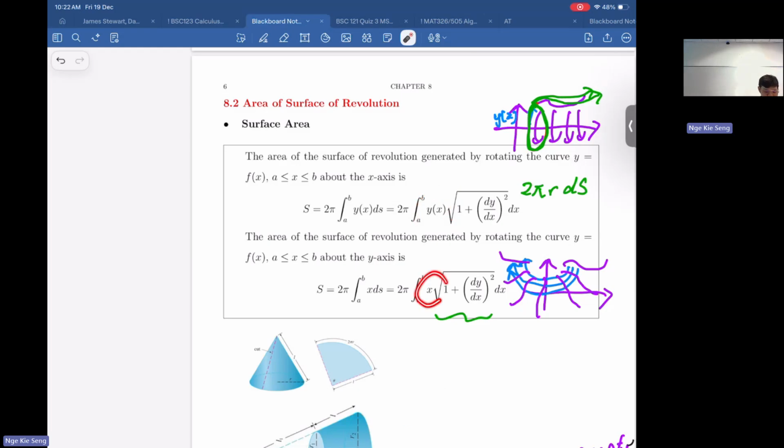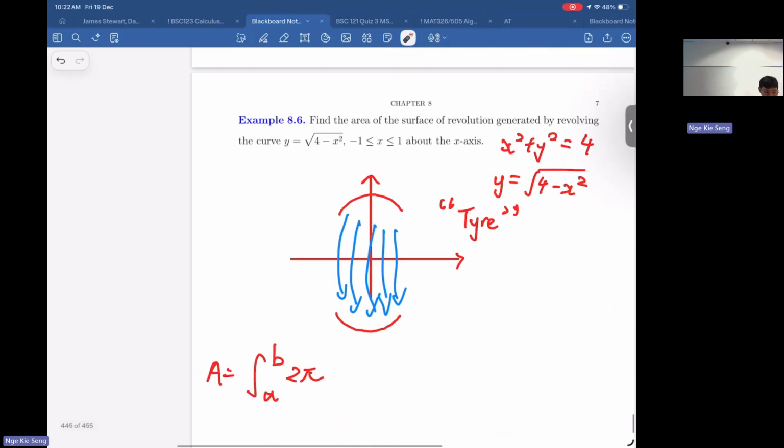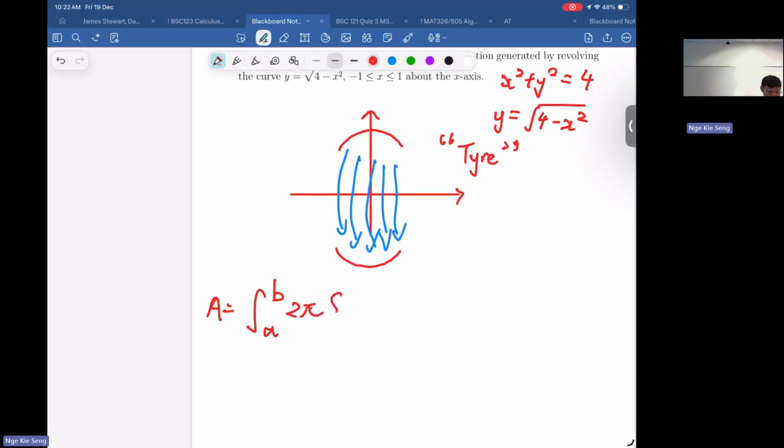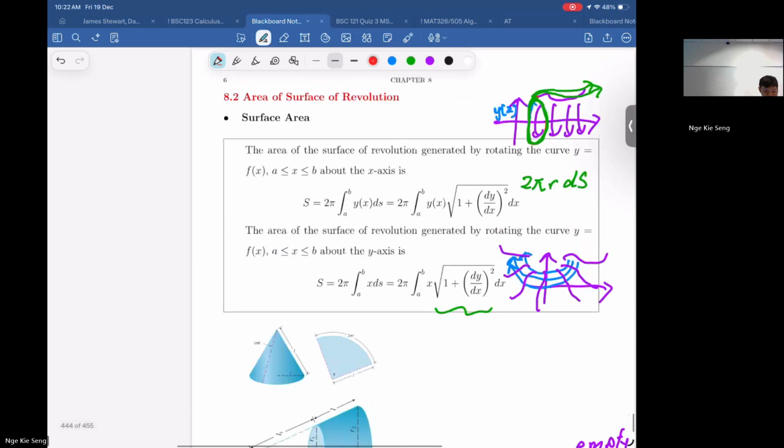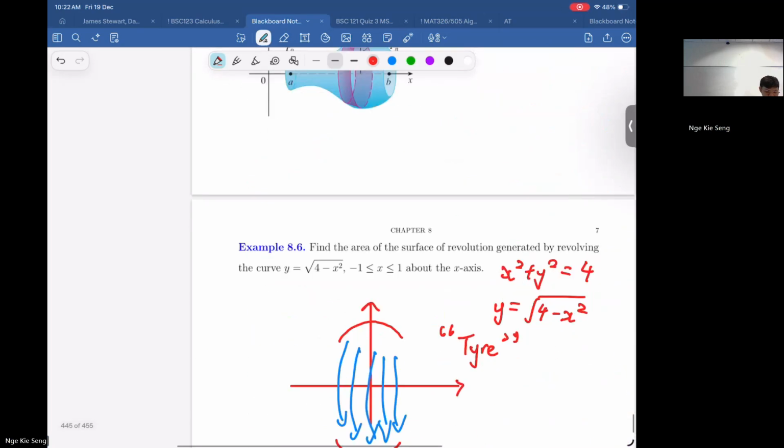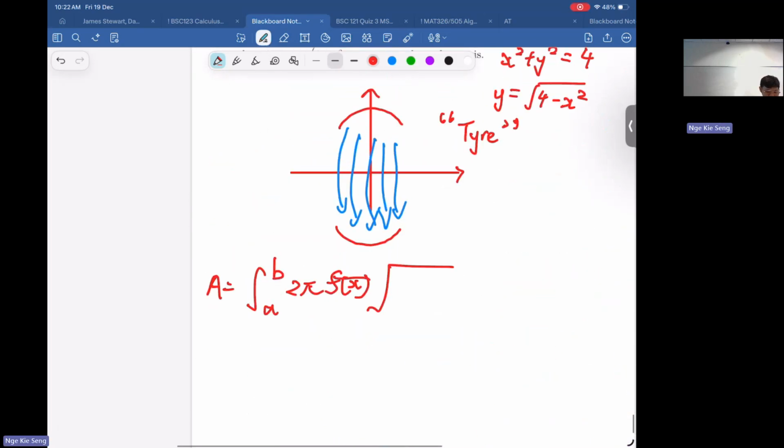If you rotate around the y-axis, your radius will just be described by your x. So you need to put f(x) here and then square root of 1 plus y'(x) squared dx.